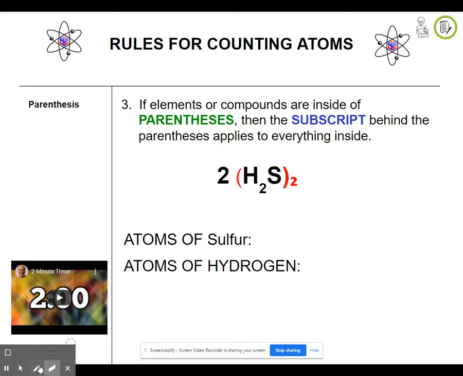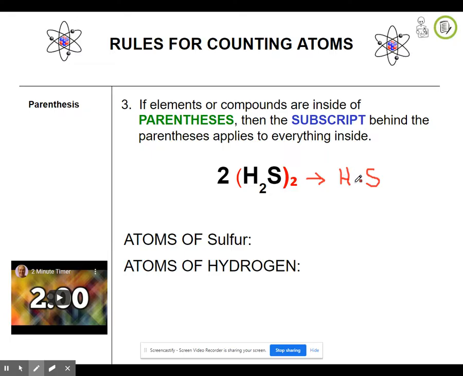Another way that you could do this is to simply, whenever you see parentheses, rewrite it so that you don't have any parentheses. Okay, that's usually what I like to do. And again, we're going to start with the parentheses, and you're going to take your elements and multiply the little subscript outside with the subscript inside.